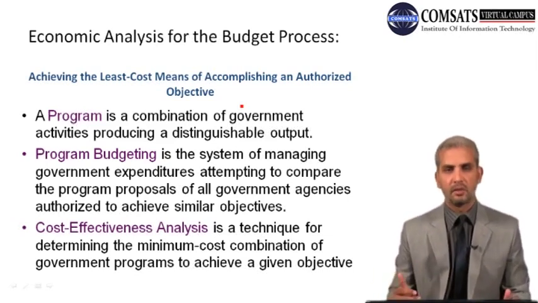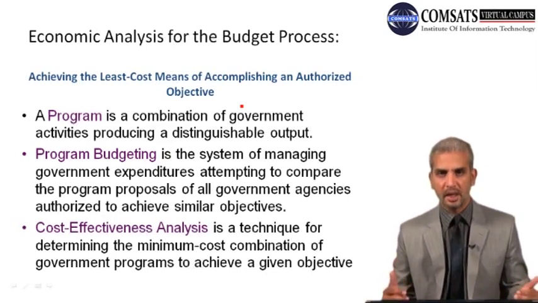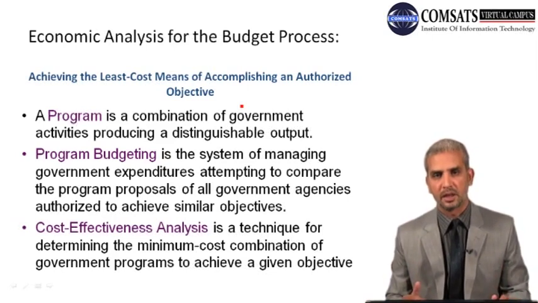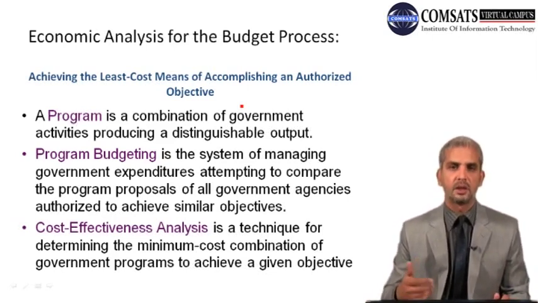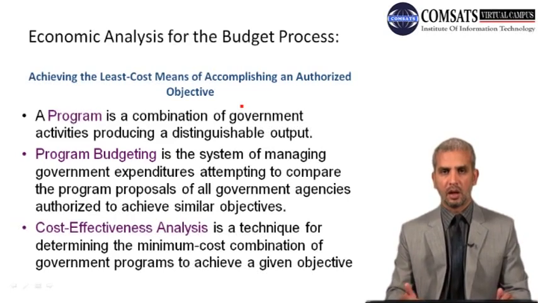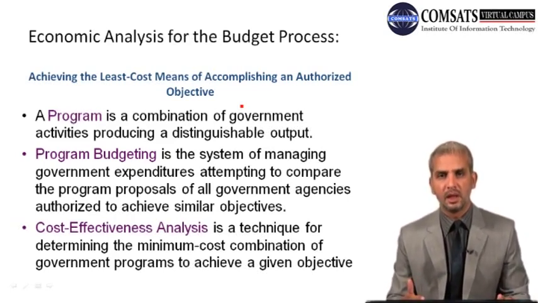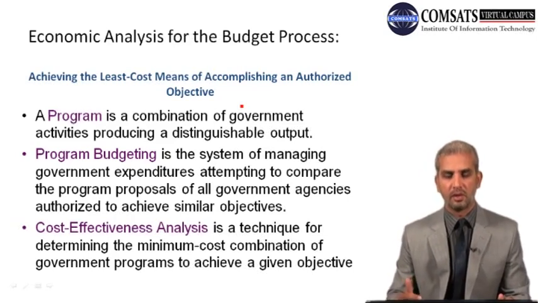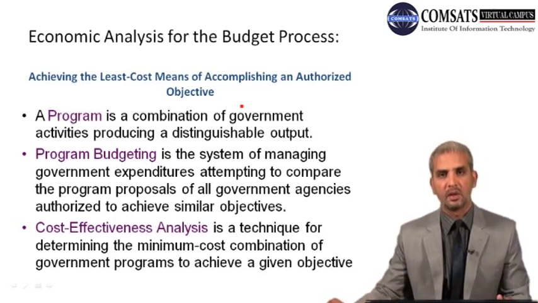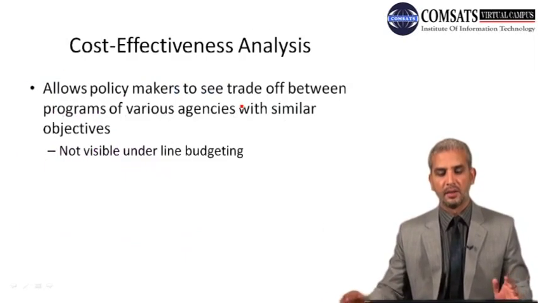So there are 3 or 4 or 5 different agencies, and the main objective of their programs is to increase the life expectancy at birth, or prolong human life. So how can government decide which one would be the least cost method of achieving the given objective? The objective has been defined.